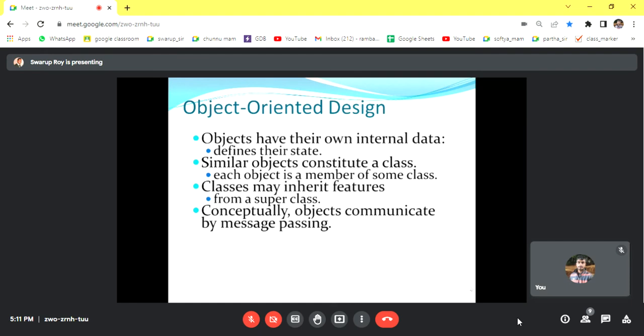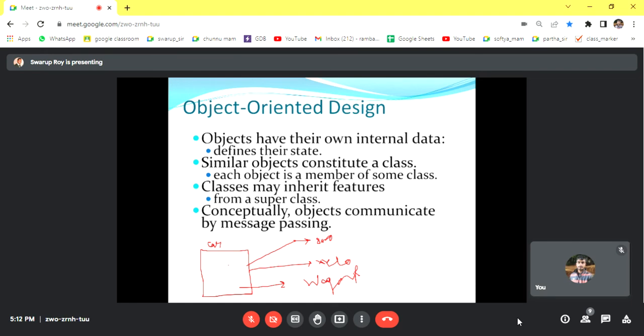If there is a class called car, from there you can create objects like 800, Xylo, Wagon R. Any car you can create from the class called car.